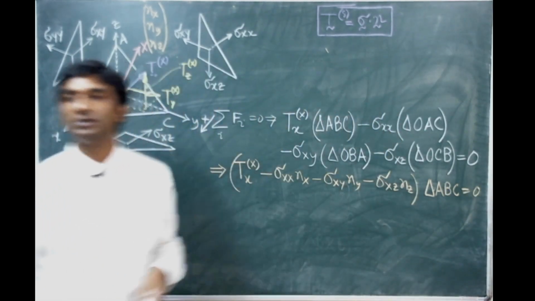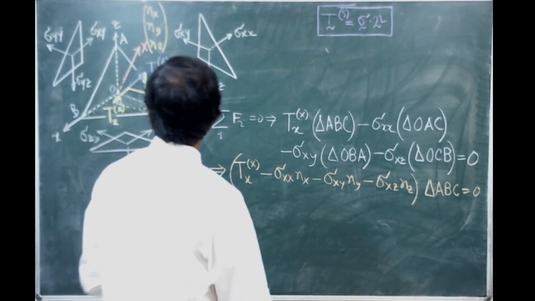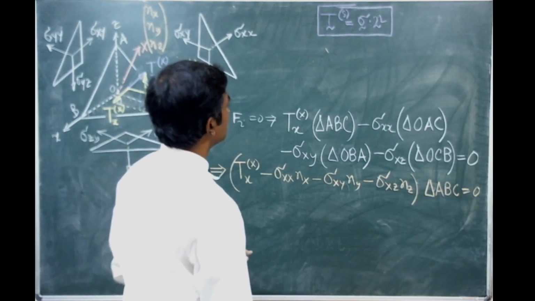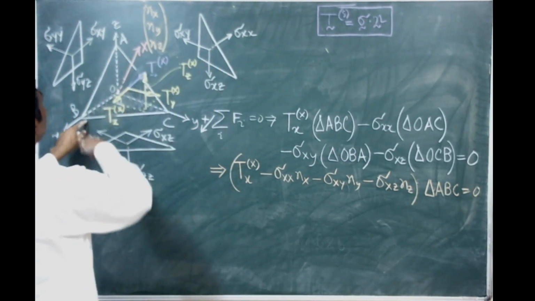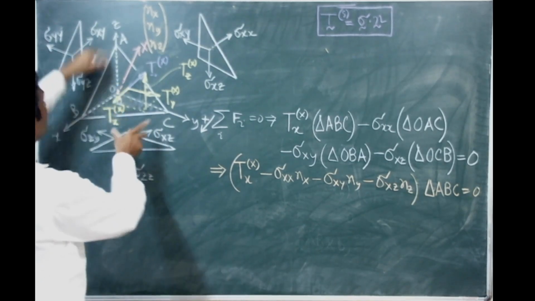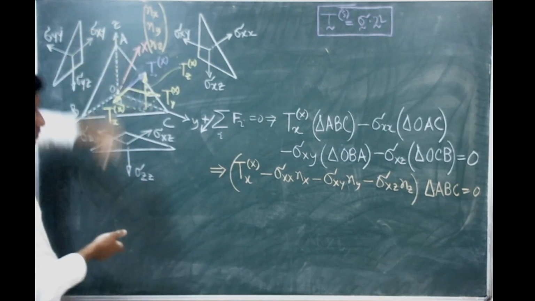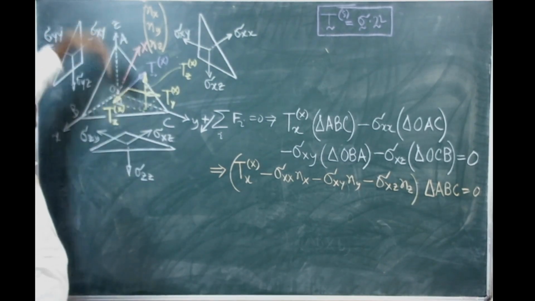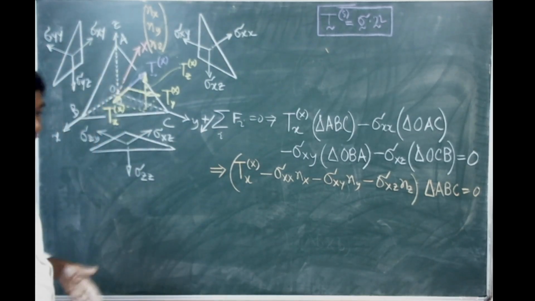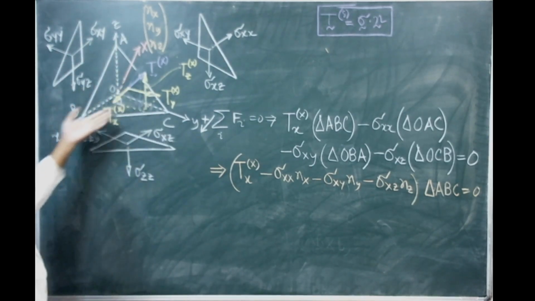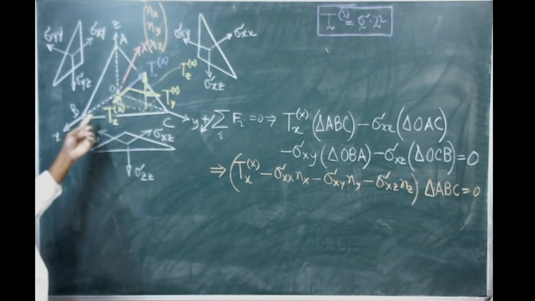Since ABC is different from 0, we divide this expression by that. Basically the projection of ABC on the xy plane is the area, the area projection of ABC. If you provide a parallel ray of light and consider ABC as opaque, then you get the shade, and that shaded area would be OCB.